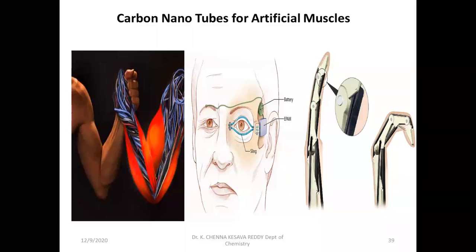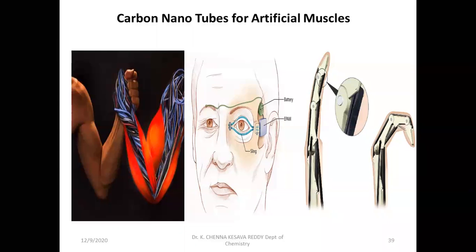Carbon nanotubes: artificial muscles, artificial eyes, artificial fingers can be developed with the help of carbon nanotubes. And what is the advantage of these artificial objects? Artificial nose, artificial eye. The advantage of this artificial eye or nose is that we can quantify the parameter. That means smell, we can quantify.